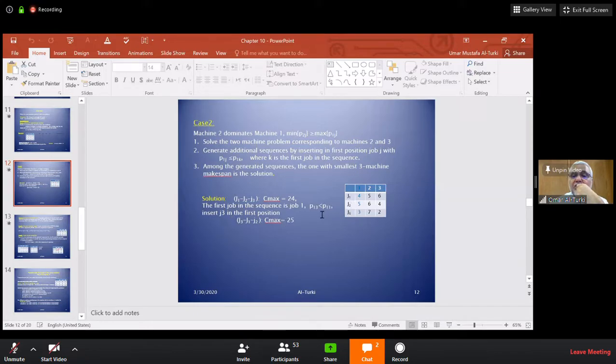If you find a job that has a processing time less than P11, then you insert it in the first position. You remove job 3 in this example, and put it in the beginning. So you'll have 3, 1, 2. That's an alternative solution. You have to evaluate it and compare it with the original one. It could be less or could be more. If it's less, then that will be the optimal solution. If it's more, you stick to the original solution.